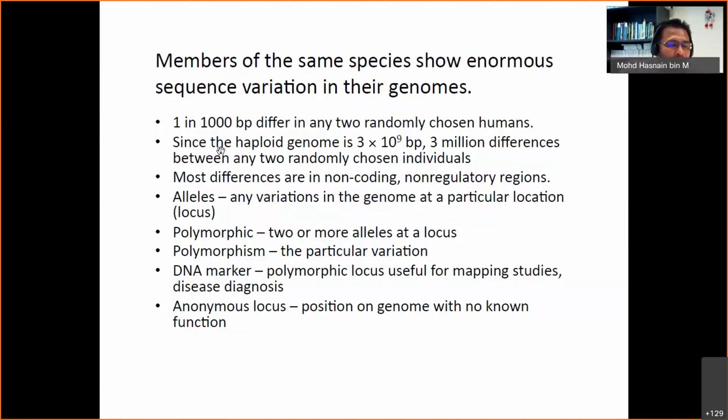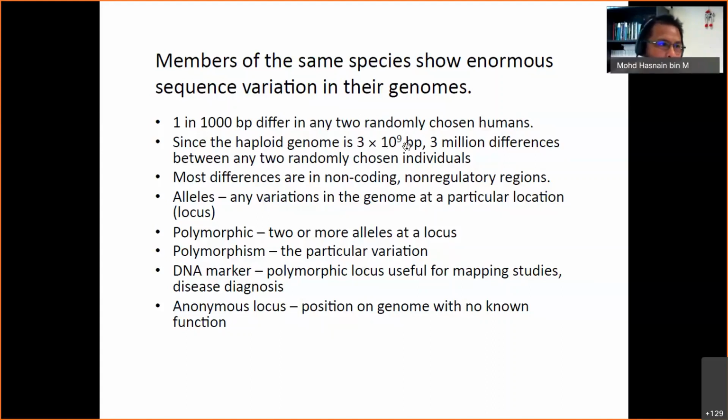Since the haploid genome is 3 times 10 to the power of 9 base pairs, this is the human genome size. 3 times 10 to the power of 9 is 3 billion base pairs. 1,000 million is 1 billion, so 3 times 10 to the power of 9 is 3,000 million, which is 3 billion.